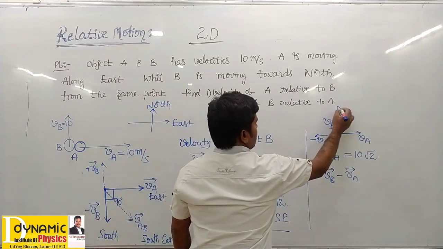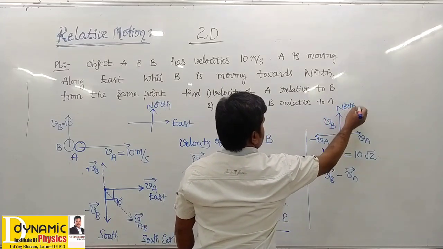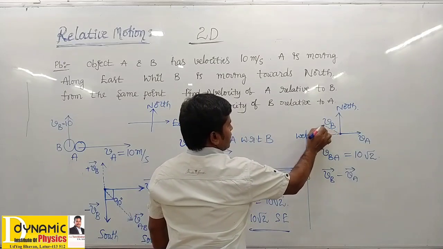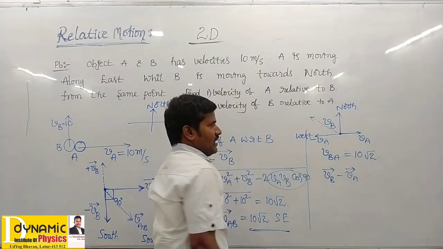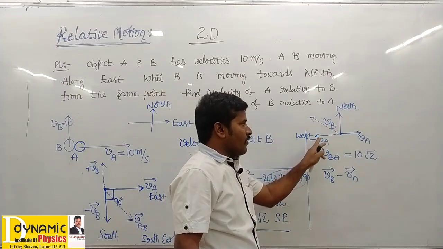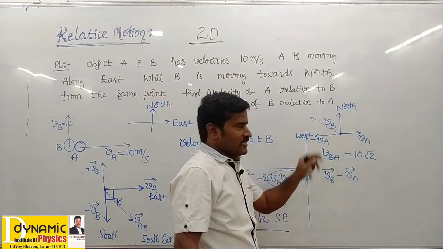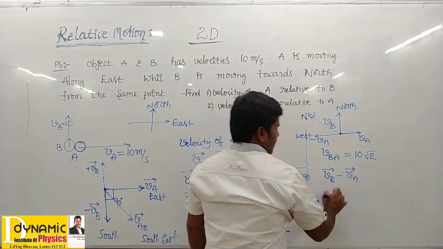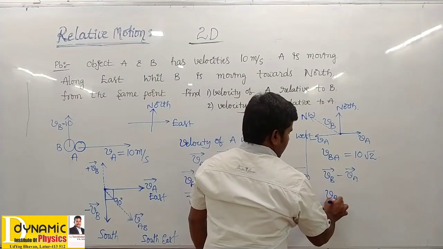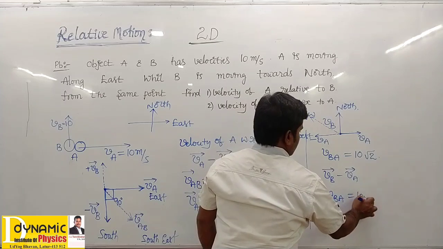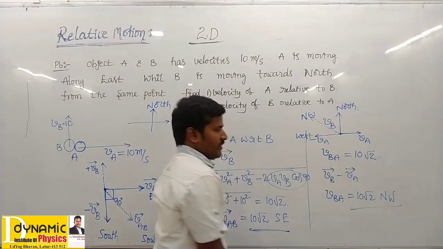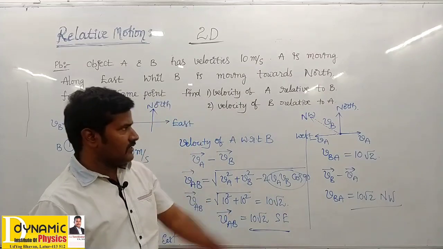This is north direction, this is west direction. What about the relative? The resultant of north and west is northwest. So VBA is 10 root 2 meter per second northwest.